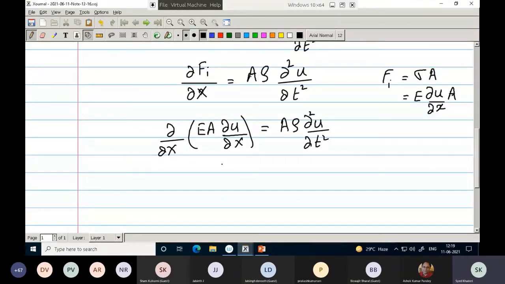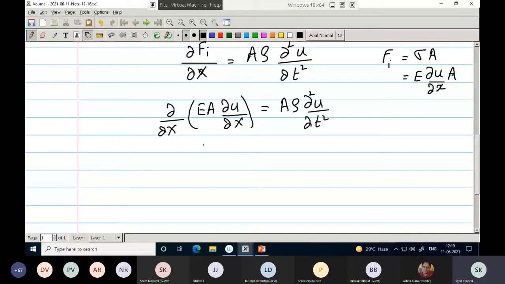So we can write this equation as E by rho times d square u dx square equals d square u dt square. And this quantity E by rho is what we call the wave speed. So we define a wave speed c such that it is the square root of E by rho.